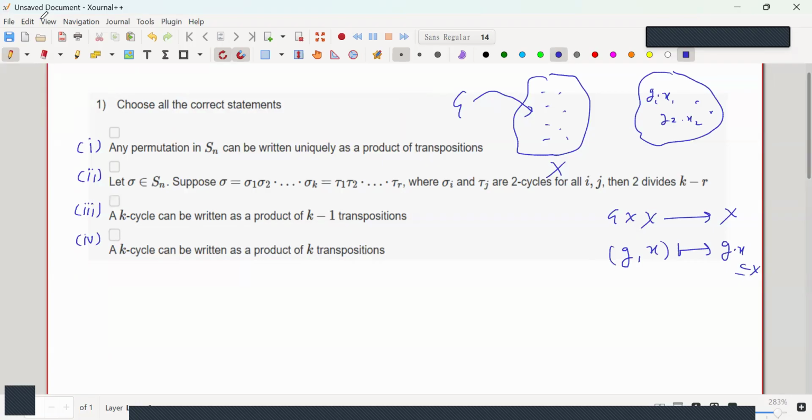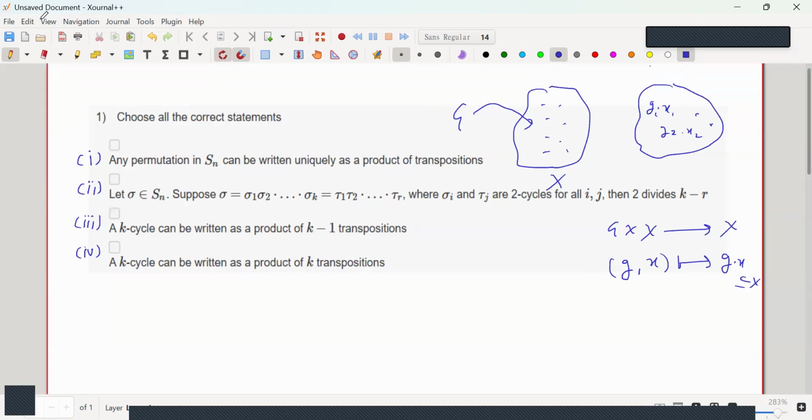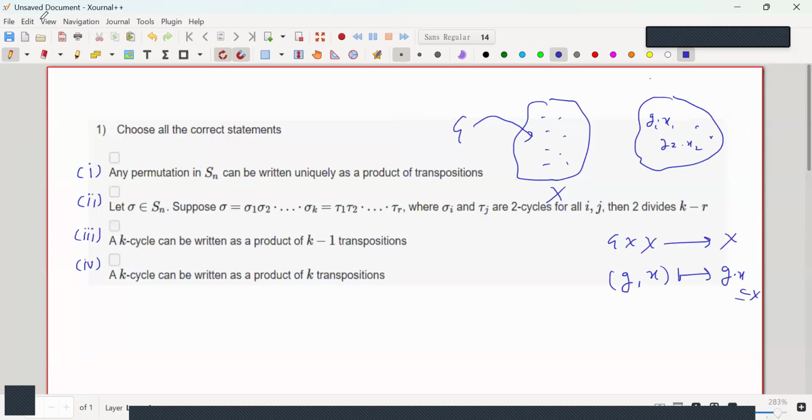Like your vector space, on a vector space you have some transformations, right? What the transformations do is they go from V to V, sending the element small v to T of v. You can also see this as a group action.